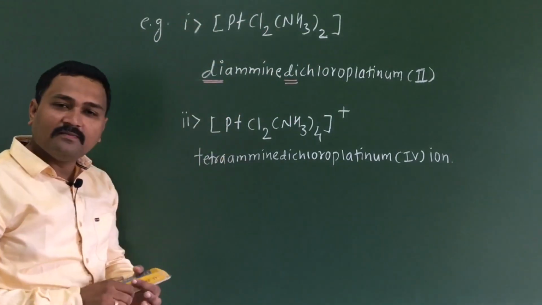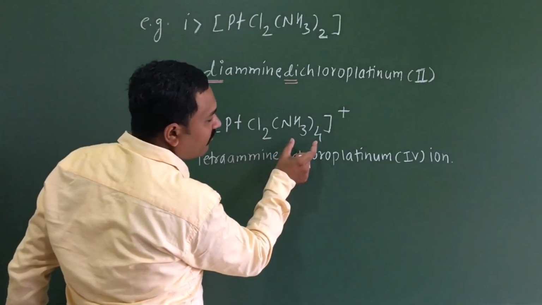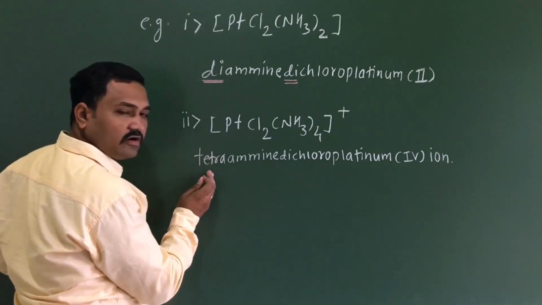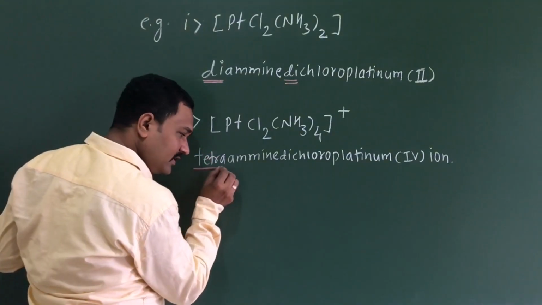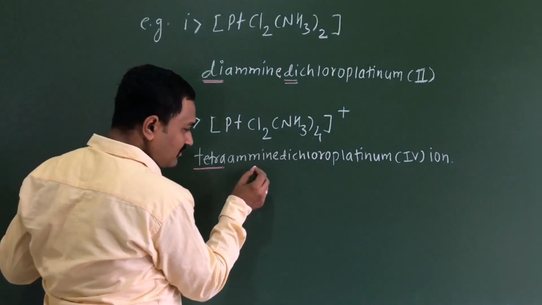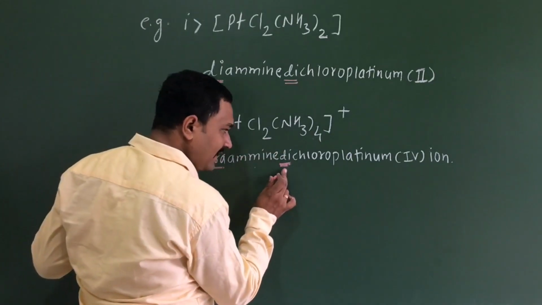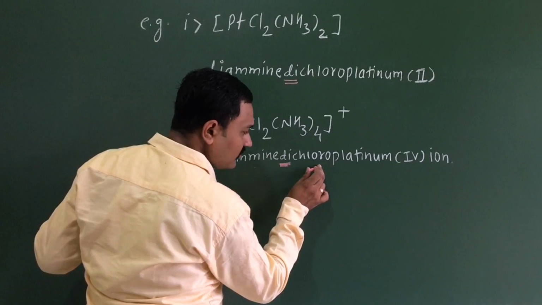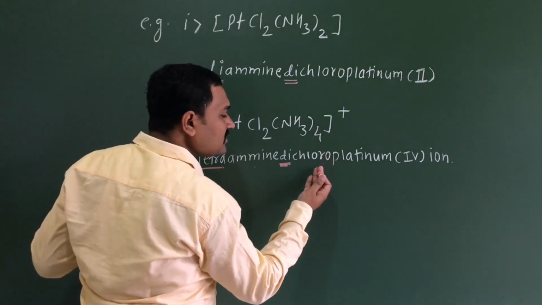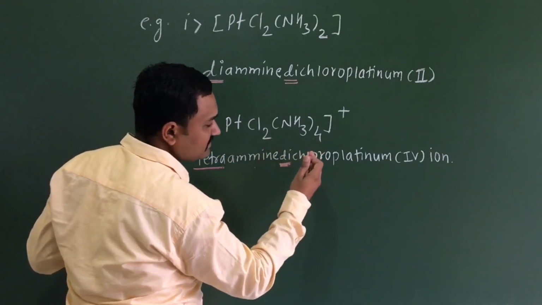Now the second example, again you can observe that there are 2 chloride ligands and 4 ammonia ligands. While writing the IUPAC name of this coordination compound, here I have written the prefix tetra, tetra for 4, then the name of the ligand, that is ammine, then chlorine is 2 times so I have used the prefix di, then you can write it as chloro, or in the 2004 IUPAC nomenclature recommendation it says that you can write the name of this chlorine as chlorido also.